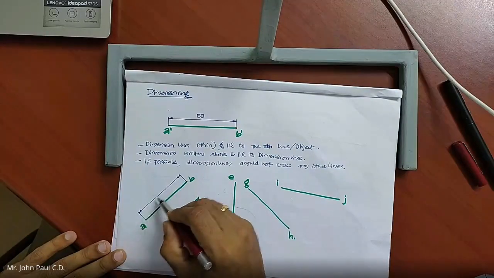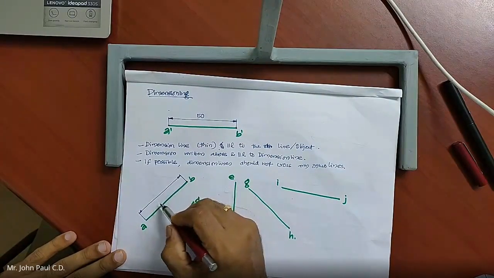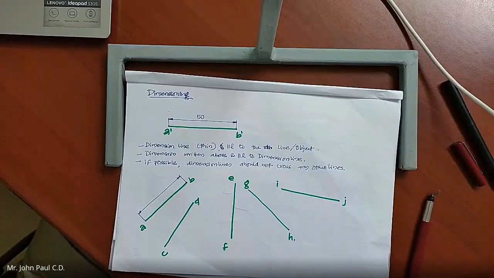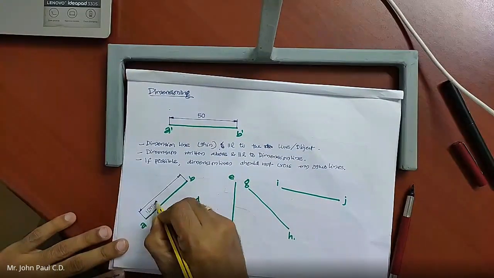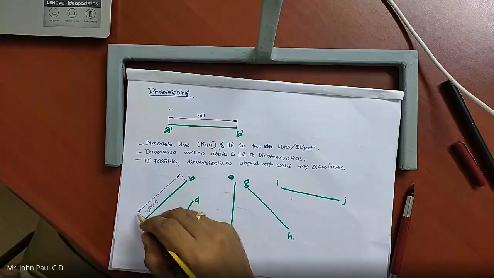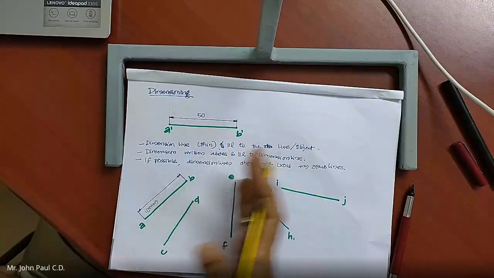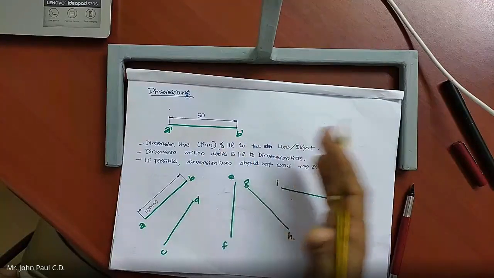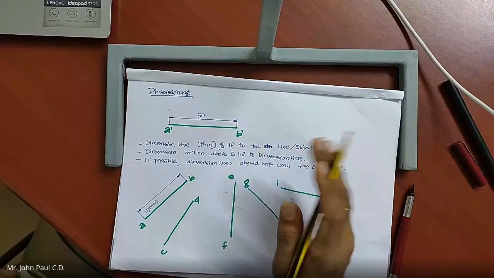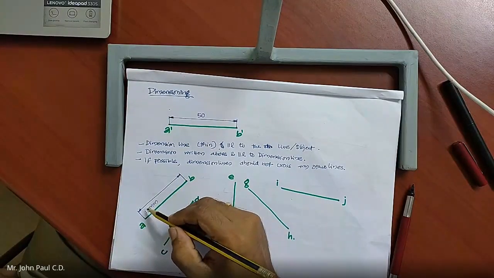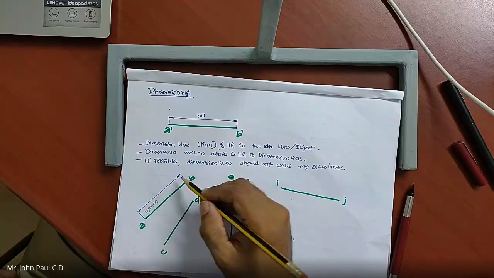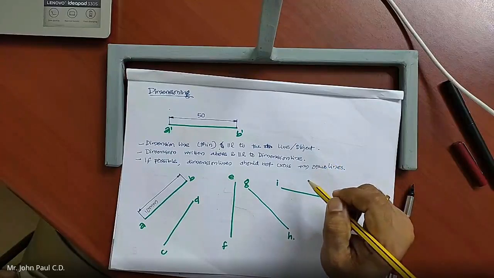Second thing, while you draw the dimension line, usually we can keep a distance of 10 millimeter from this one. You can follow the 10 mm distance for everything. There is no written rule like that. But it would be nice if you keep 10 mm for every drawing.